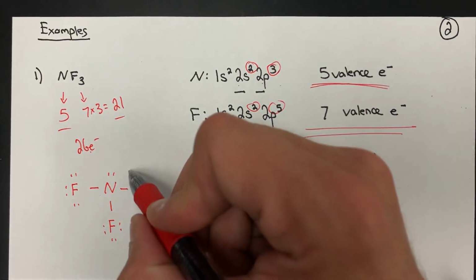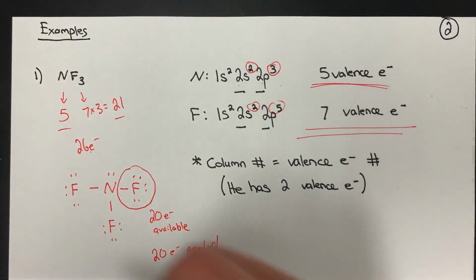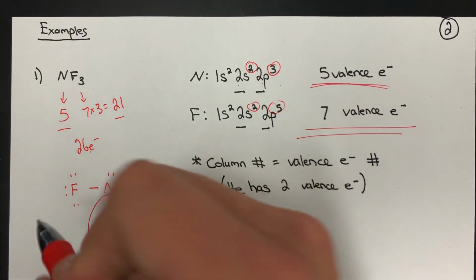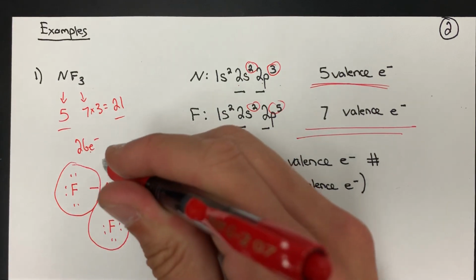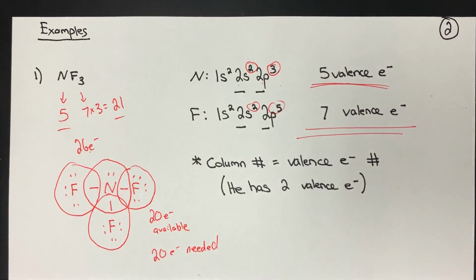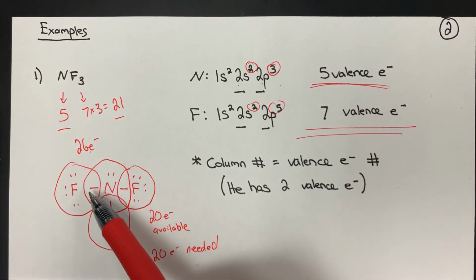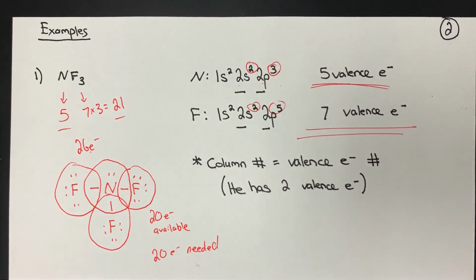If I evaluate this, between a single shared pair of electrons and 3 lone pairs of electrons, that fluorine has 8 electrons surrounding it, thereby satisfying the octet rule. Likewise for this fluorine, likewise for this fluorine. It's becoming a little cramped, but this centralized nitrogen here also has 8 electrons surrounding it: 2 in a lone pair and another 6 in 3 shared, or what we call bonding, pairs, okay?